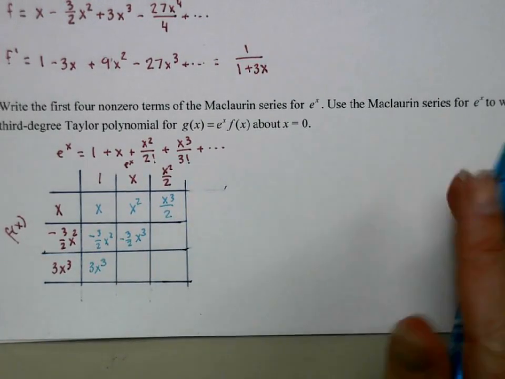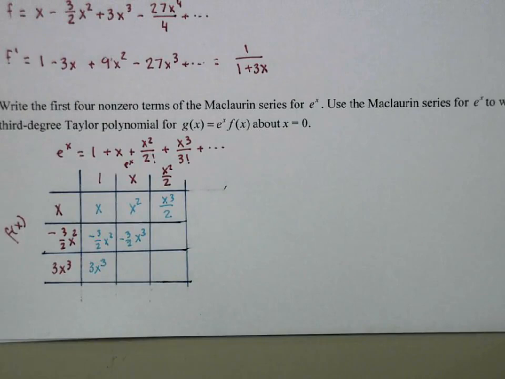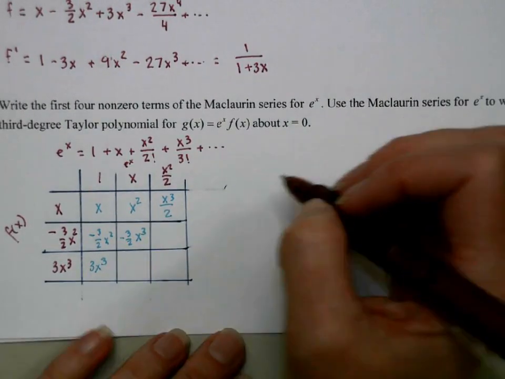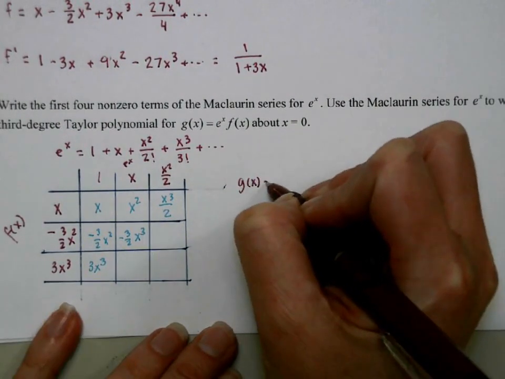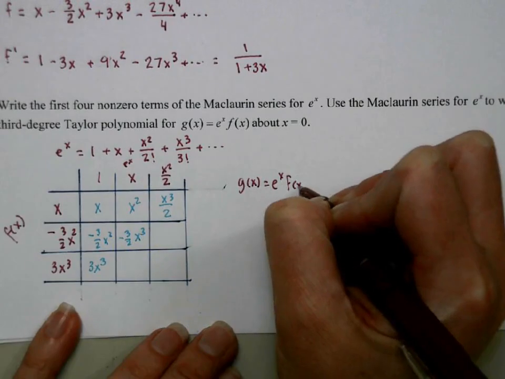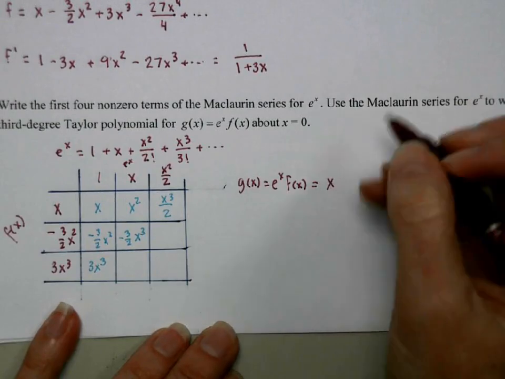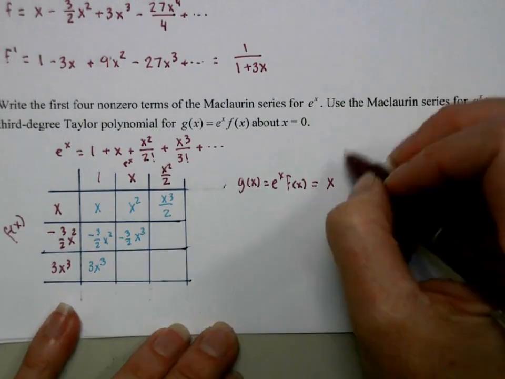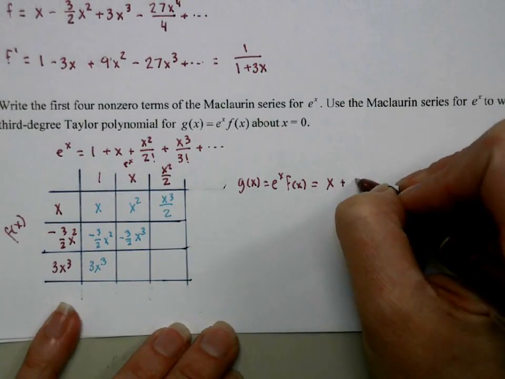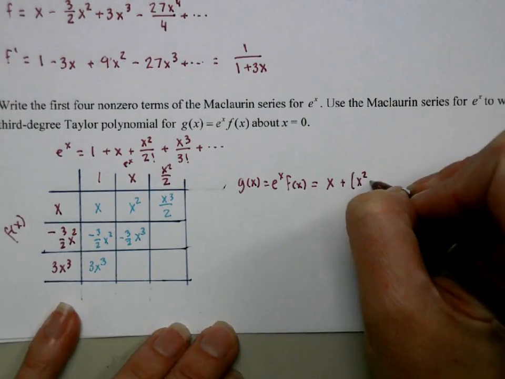Okay, but g of x, which is e to the x f of x, I have an x here, and then we've got x squared minus 3 halves x squared. So that's going to be my second term.